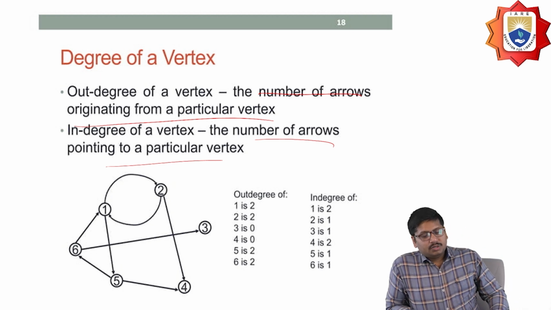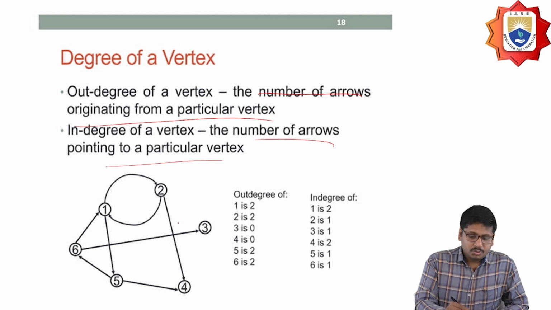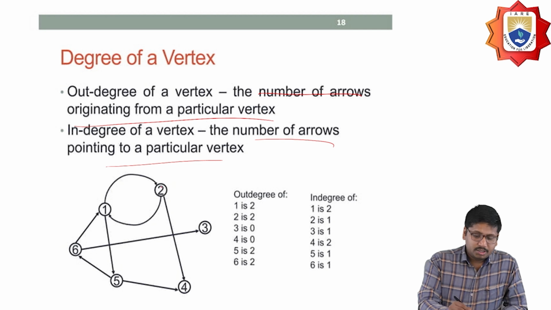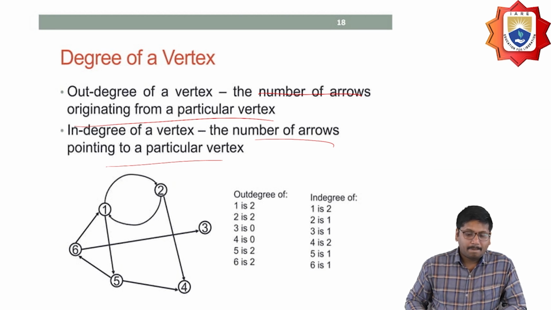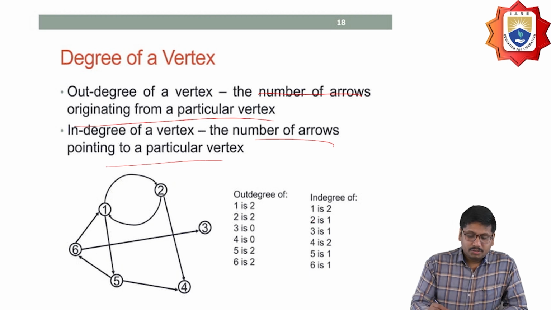So in this graph, if I look at these two, the in-degree is 1 and the out-degree is 0. Now I'm going to consider another thing: the total degree is equal to in-degree plus out-degree.